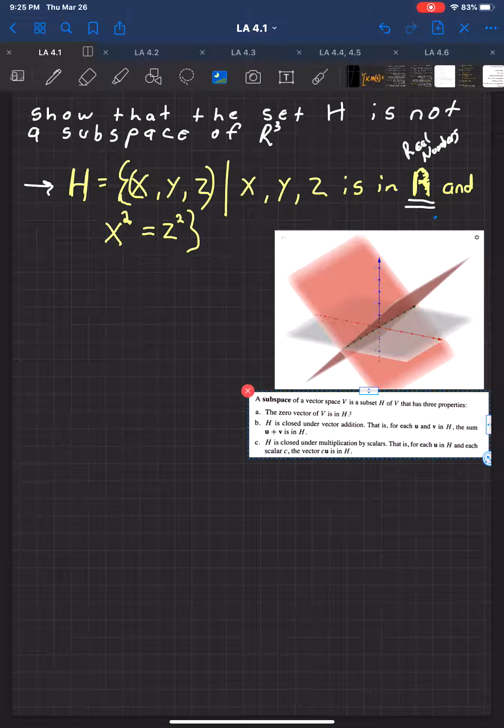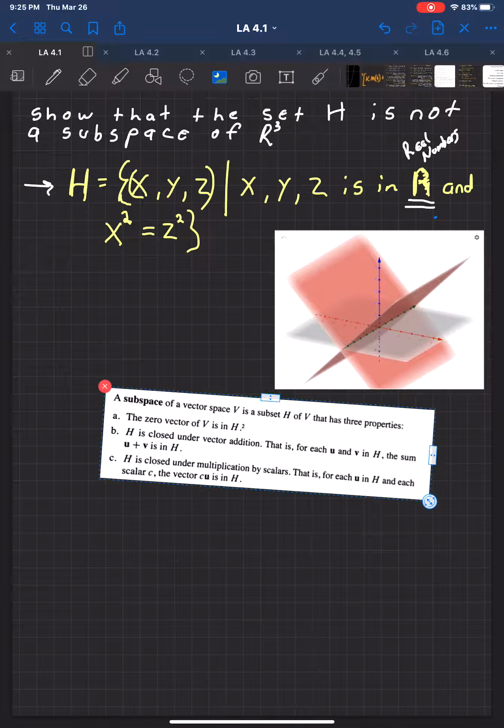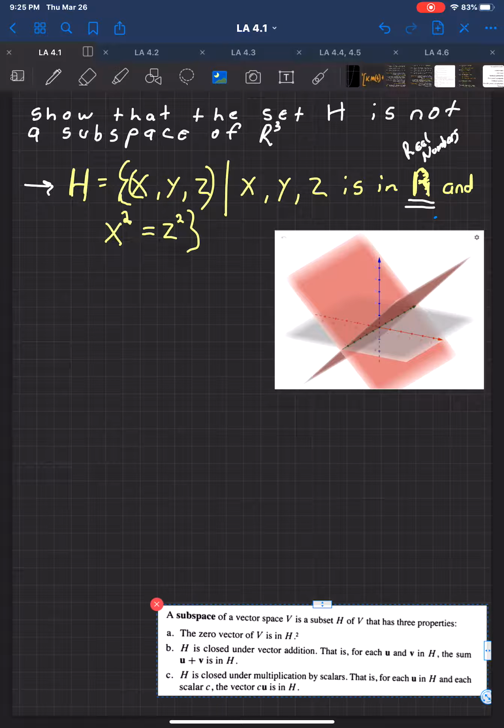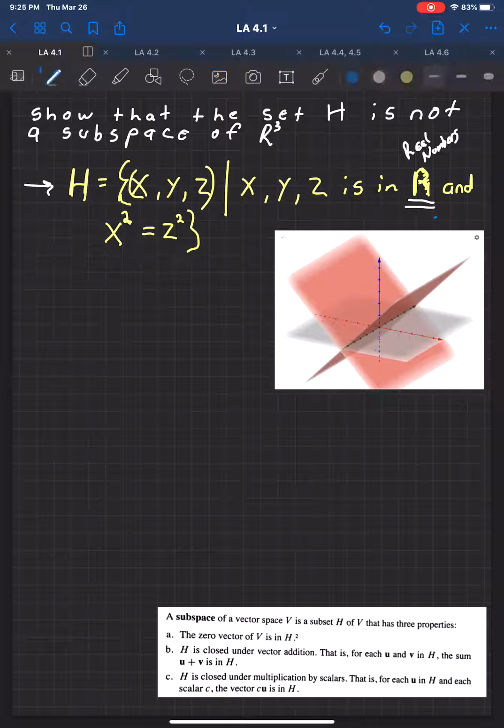As I said, my suggestion to you is the very first thing you should do is check to see if the zero vector is in the subset. As of right now, you can see from the graph that our region crosses the origin.